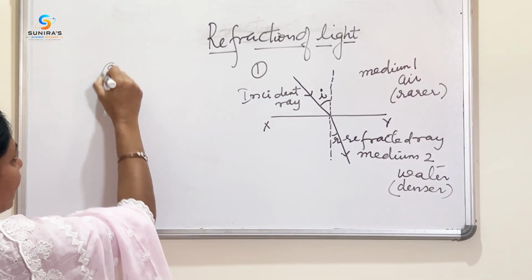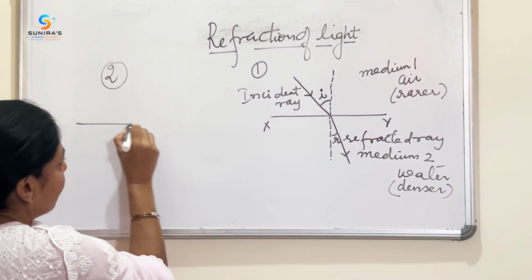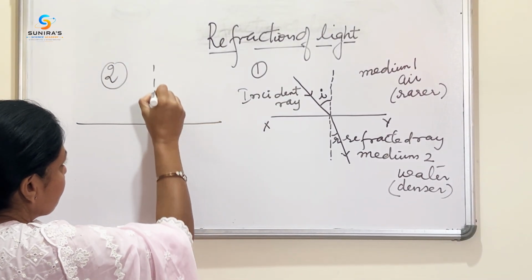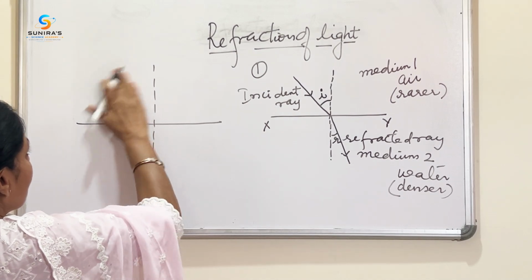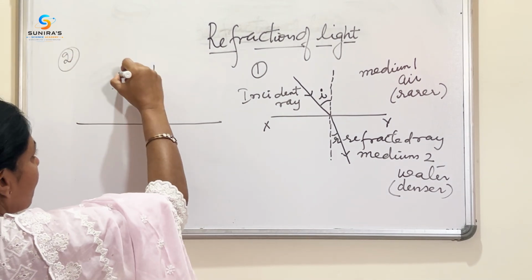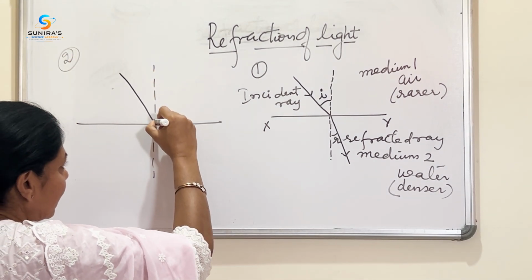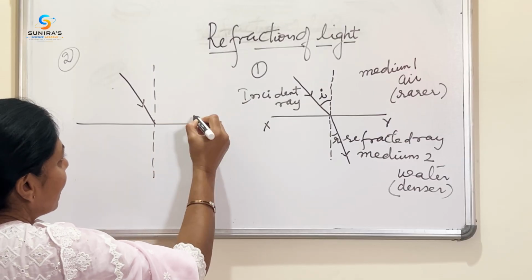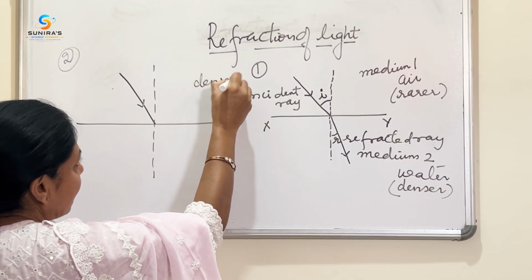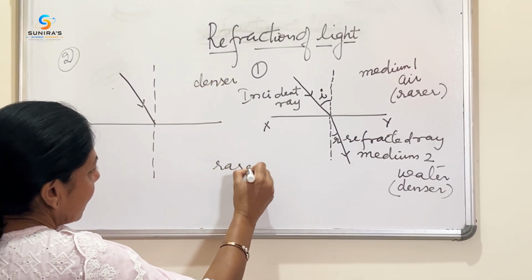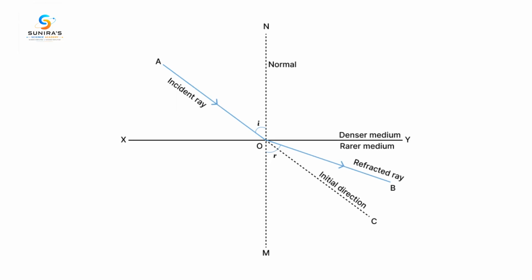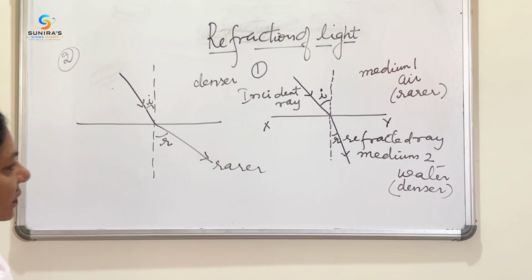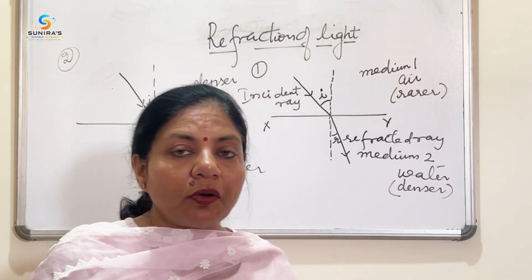In the second case we can say when the ray of light goes from a denser medium to a rarer medium, it will bend away from the normal. Why will it bend away from the normal?